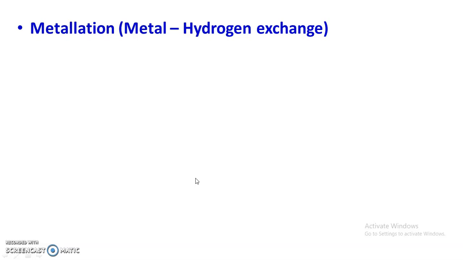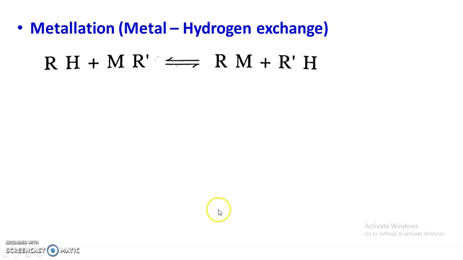In a metal hydrogen exchange or metallation reaction, an organometallic compound is prepared by replacement of the hydrogen atom of a hydrocarbon like cyclopentadiene or any other hydrocarbon with a suitable metal. For example, RH, this is the hydrocarbon.